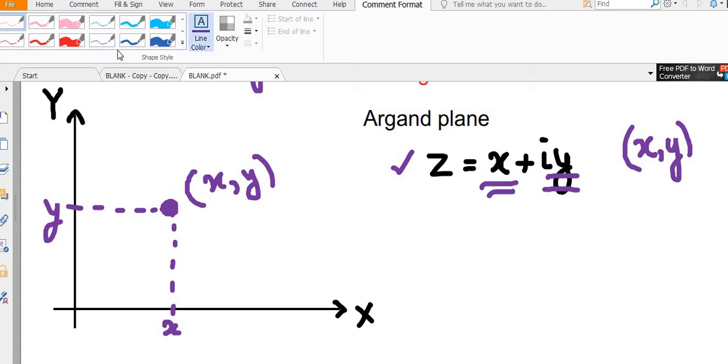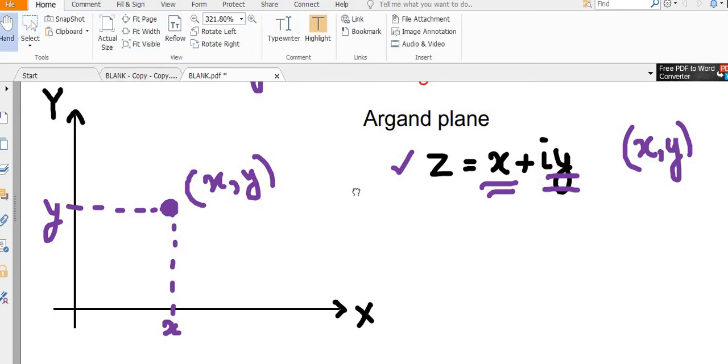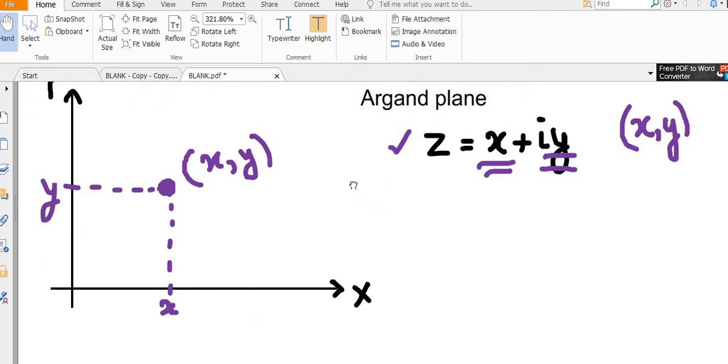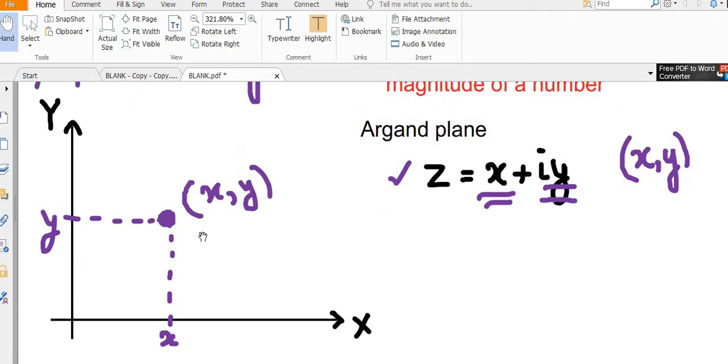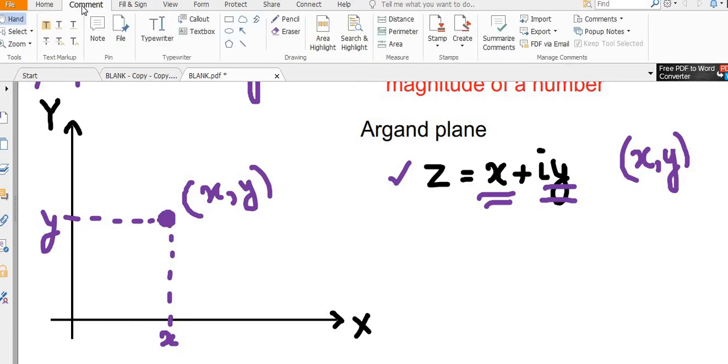Now why am I saying that? When I'm talking about the magnitude, this can also be connected to something called the vector, but if I want to forget everything about that, let's say how far away is this point from the origin. We can think of it in this way. xy is a point in the two-dimensional space.